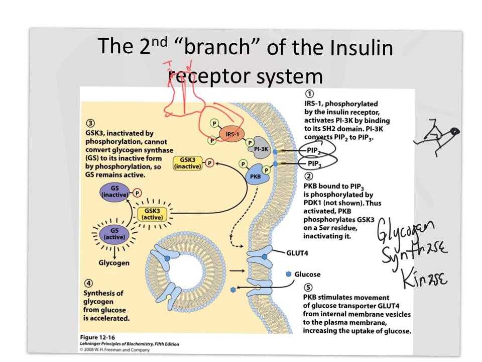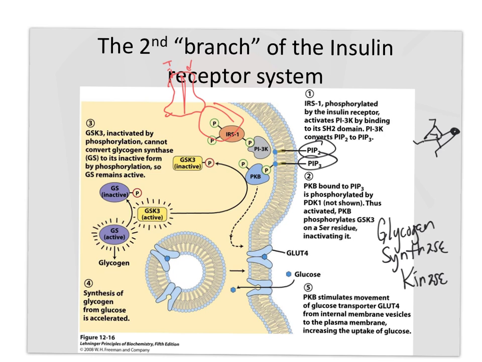This is really important because this is the opposite of what we've seen in the past. So far we've seen that when things are phosphorylated, they get activated. This one, when it's phosphorylated, is actually inactive. Knowing what you know from your enzyme naming, we have a kinase. Once again, what do kinases do?